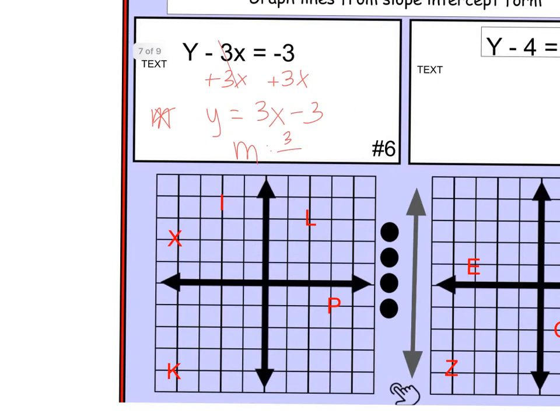That's going to be 3 over 1. My b is going to be -3. So I'm going to start by going down 3, putting a dot. And then I'm going to go up 3 over 1. Up 3 over 1. And that line's going to go through L.